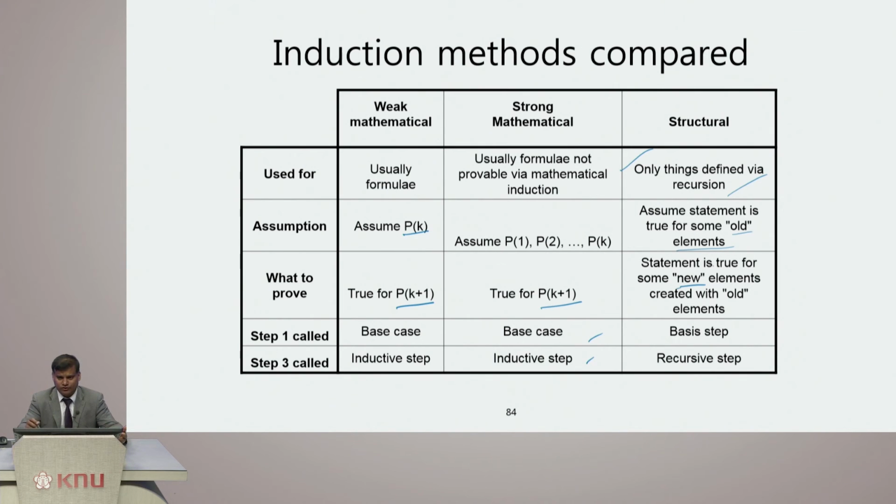So it is true for new elements created from old elements. That's what we have to prove, and it uses a basis step and a recursive step, similar to the base case in mathematical induction.